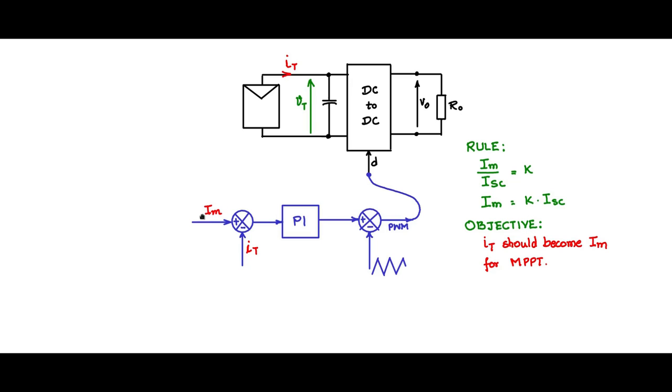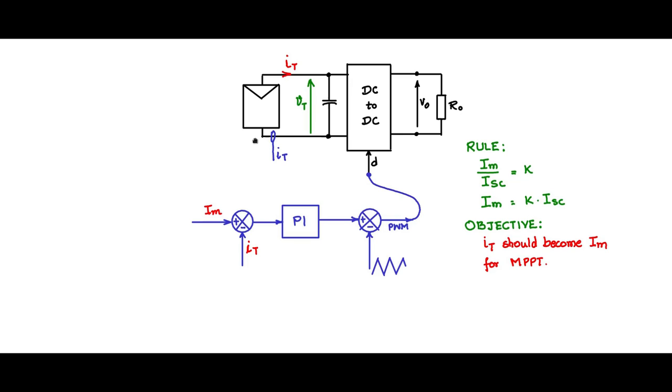Now how do you get this Im? First, of course, you need to measure the current IT, because this current has to be fed back and given here. How do you measure IT?